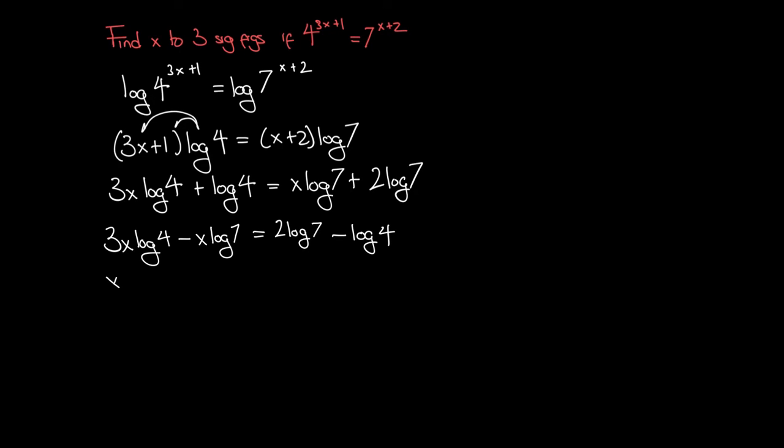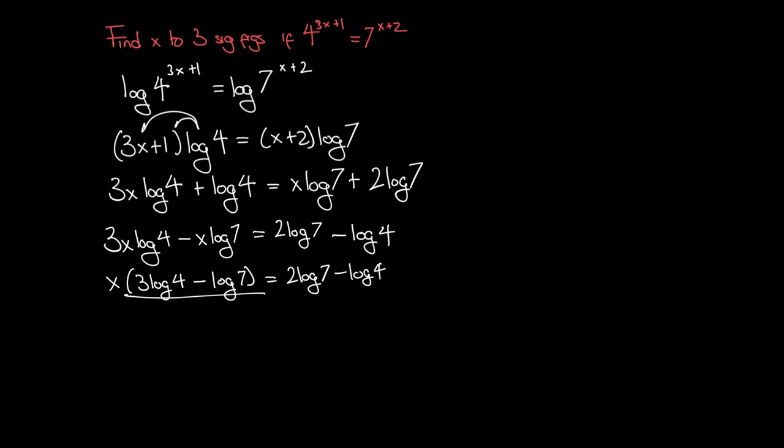Factor out your x: x times (3 log 4 minus log 7) equals 2 log 7 minus log 4.